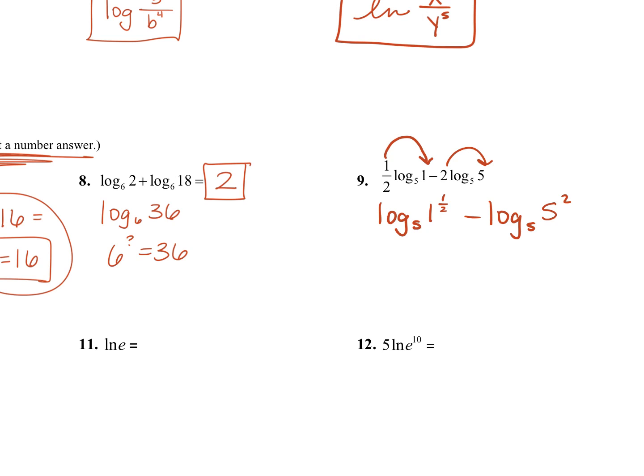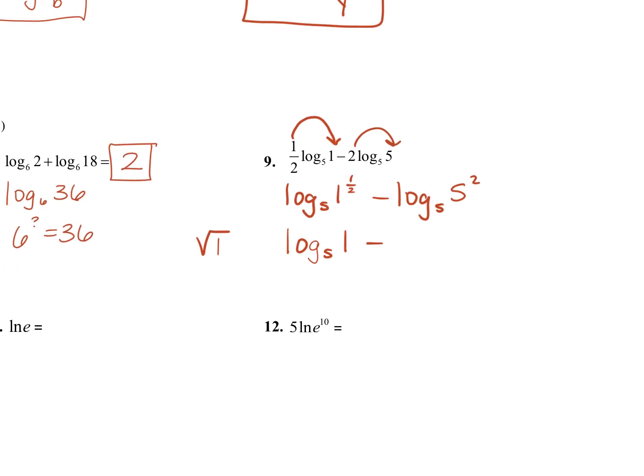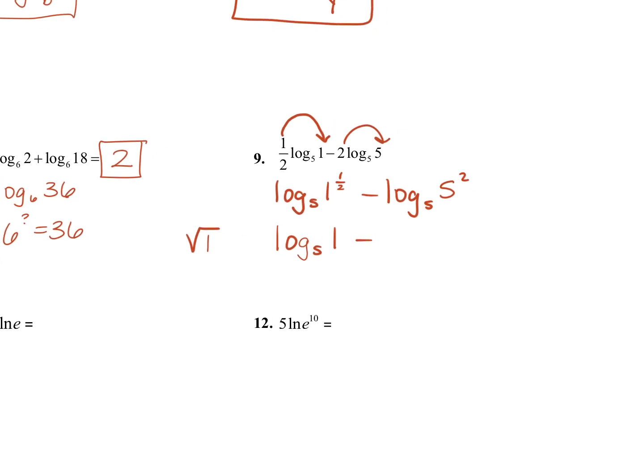Square roots, right? So it's the square root of 1. What is the square root of 1? It's 1. So really this is log base 5 of 1, right? 1 to the 1/2 power is the square root of 1, which is 1. Minus, this is log base 5 of 5 squared. I'm just going to leave it like that for now.